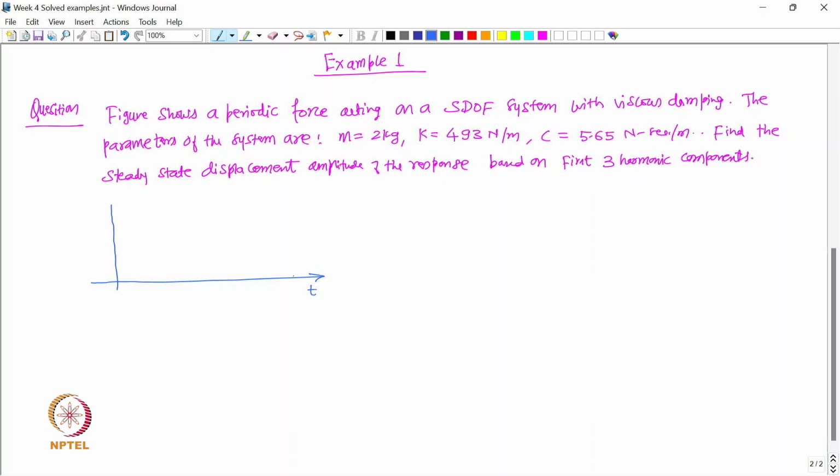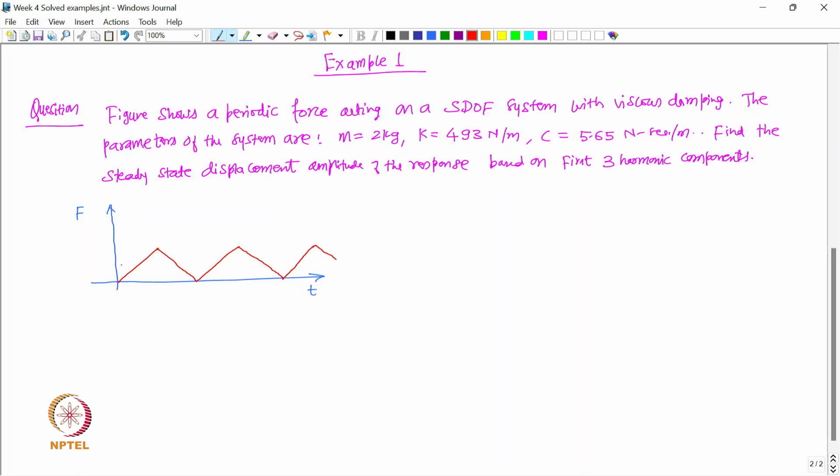This is the periodic force and it is in the form of a triangular wave. It is in the form of a triangular wave like this. Something like this, right.